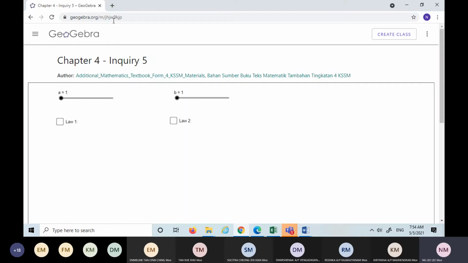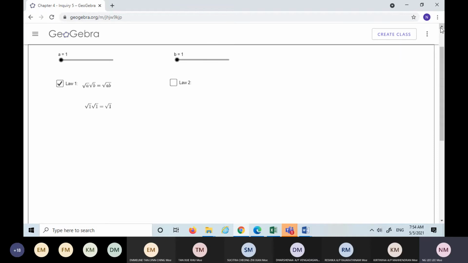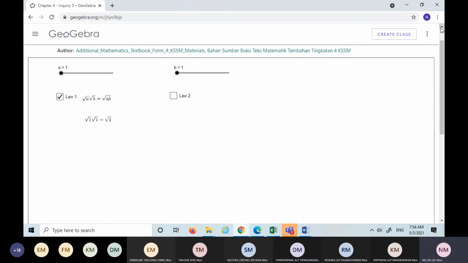We want to look at law number one. Law number one is the multiplication. They designed it so that you can control the value of A and control the value of B. When I drag the A, you see the number also changes. This means square root of 9 times square root of 1, then you get square root of 9.